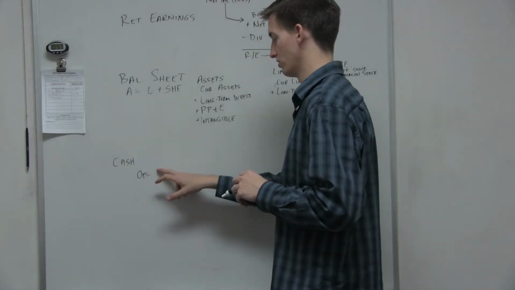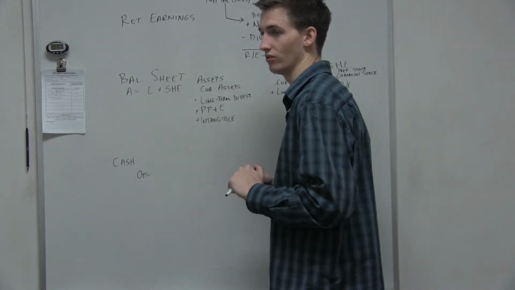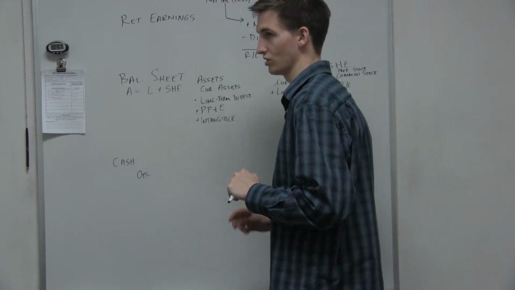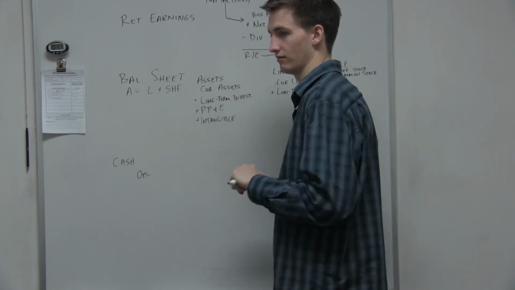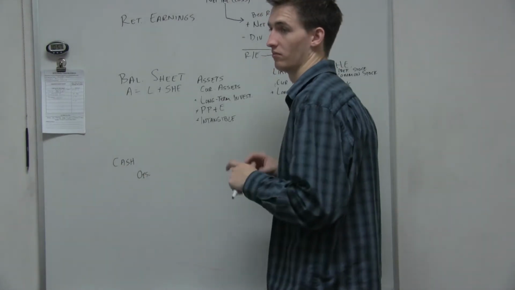Yeah, the cash from operations is basically the cash for what you're in business to do. So it'd be revenues and expenses. Yeah, and only cash ones, right? Because this is the statement of cash flows, we want to know how much cash we get just from operating our business.